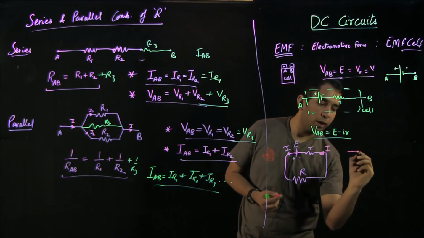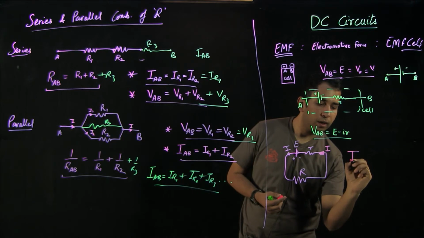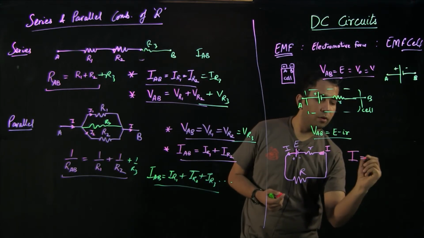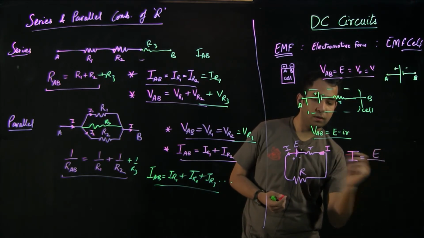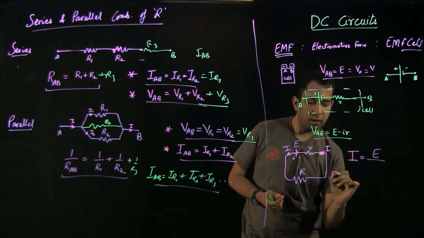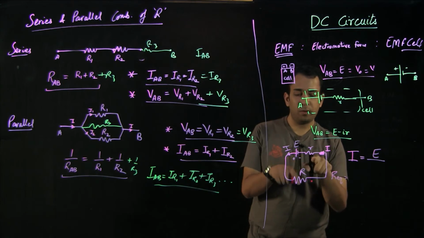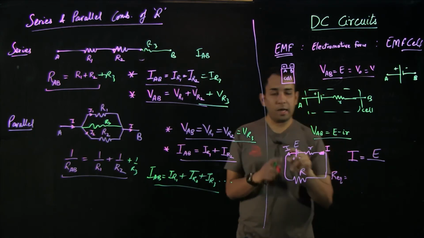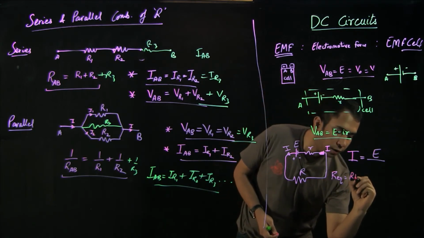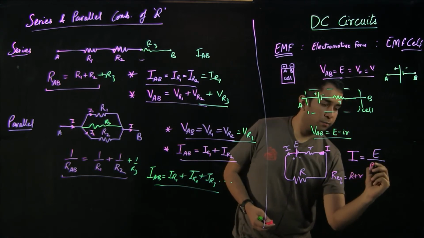Through Ohm's law I can say that the current is equal to the net potential difference across the R equivalent. Because small r and capital R are in series, the R equivalent can be written as R plus r.